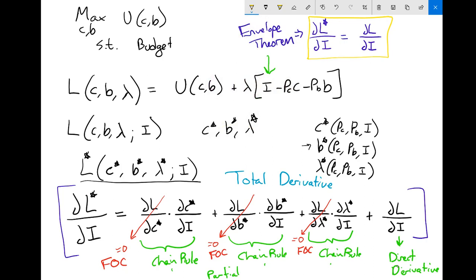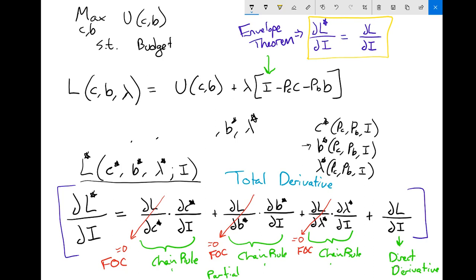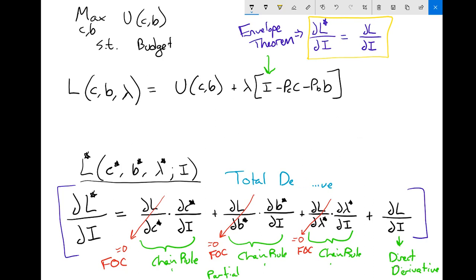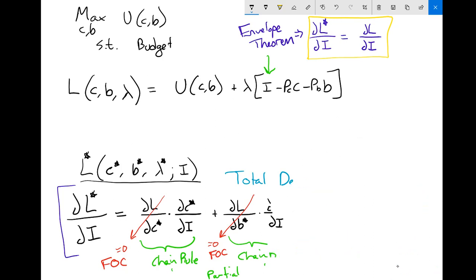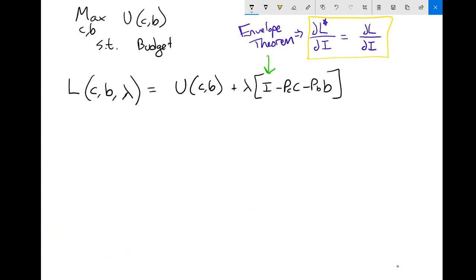Okay, so with all of that said, let me just do it in practice to show you what I mean. Let's erase all of this. So let's say we started with this equation and we wanted to optimize it. So we maximized this. We found C star, B star, and lambda star.